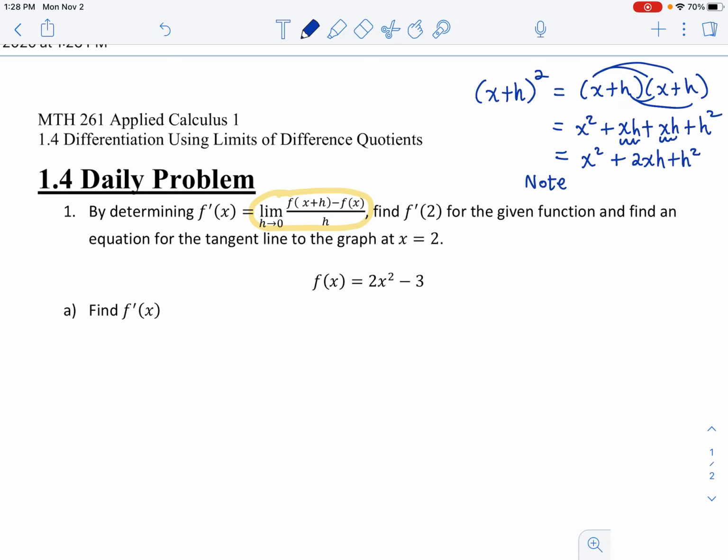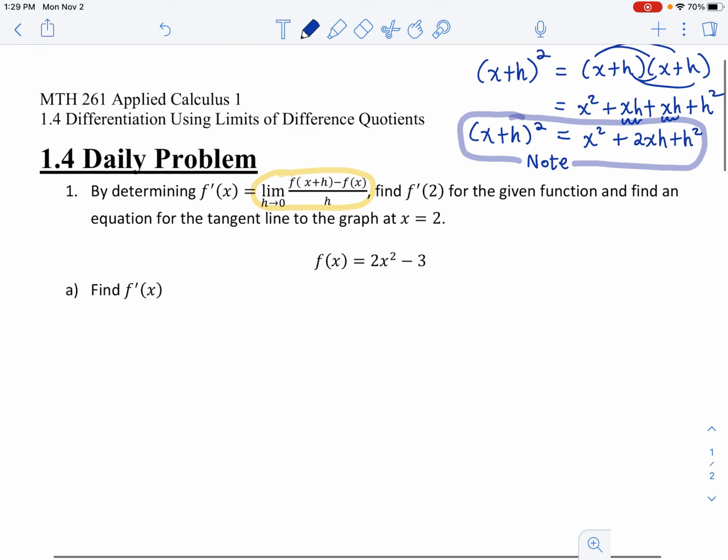So make a note, because you will see this very often. Note that x plus h squared is x squared plus 2xh plus h squared. This is what we're going to use pretty often, okay? And in this problem too. I just have it memorized, so anytime I see it, I just write it down.